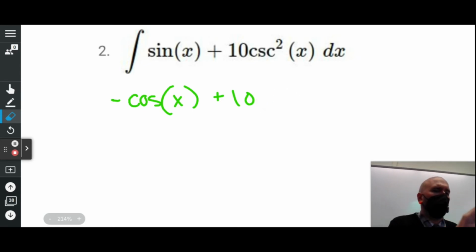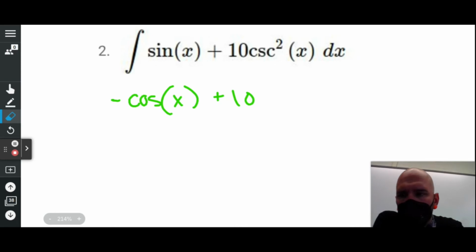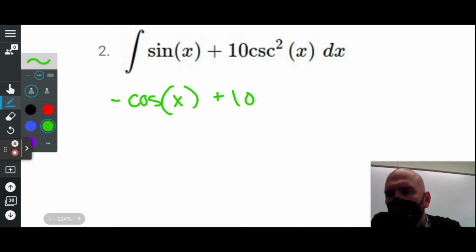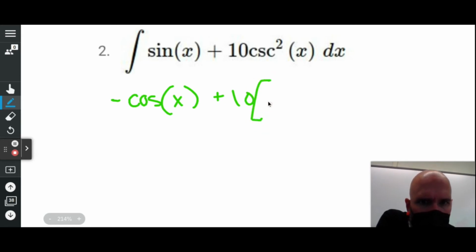Negative cotangent x? So negative cotangent squared or negative cotangent? Just negative cotangent.